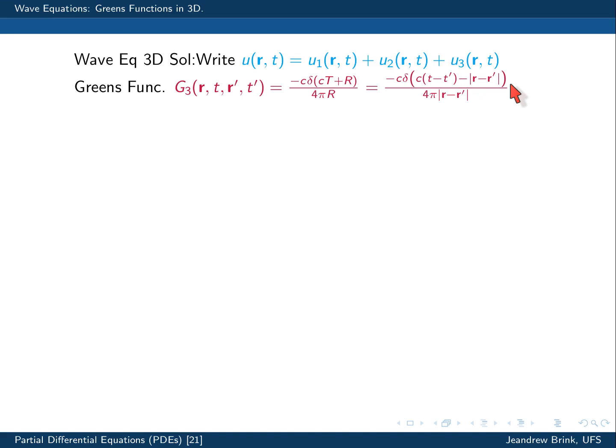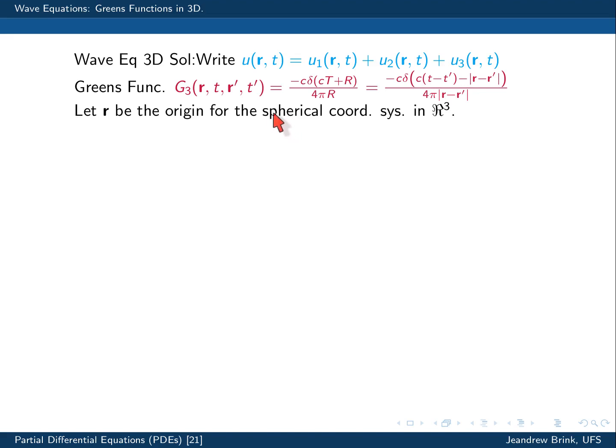The reason I did that is that this is always positive, so this delta function is only non-zero when the physical distance between your source and field point is equal to c times the distance between your field and source time. And here's the 4 pi r that's in the denominator.